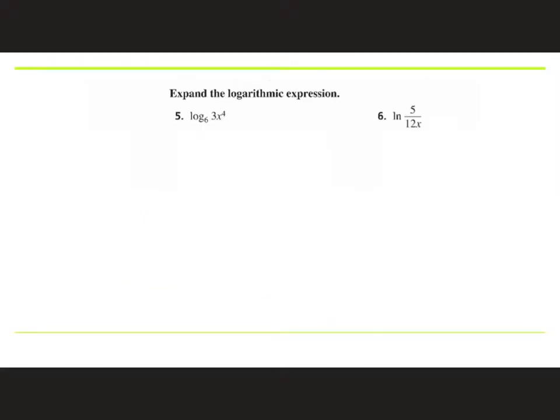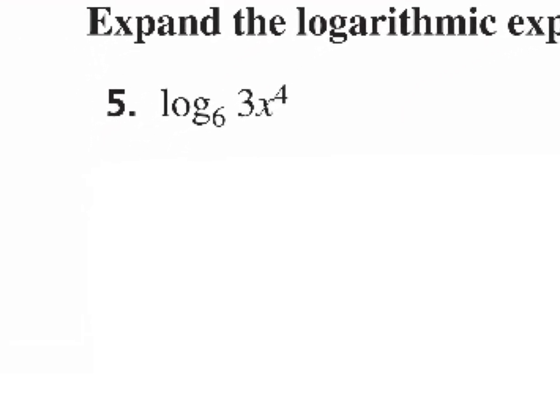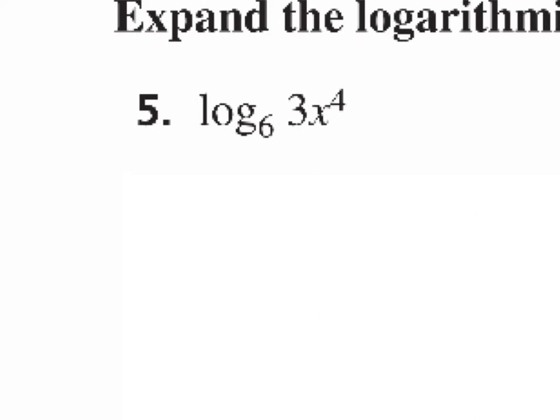All right, in example 5 and 6, we're doing the same thing. So how can we expand this? Awesome. Since we're multiplying 3 times x to the 4th power, we just add them together. And anytime we expand it, everything gets its own log. So we have log base 6 of 3 plus log base 6 of x to the 4th power.